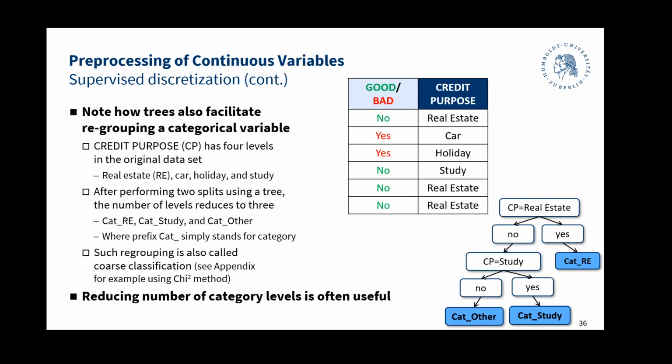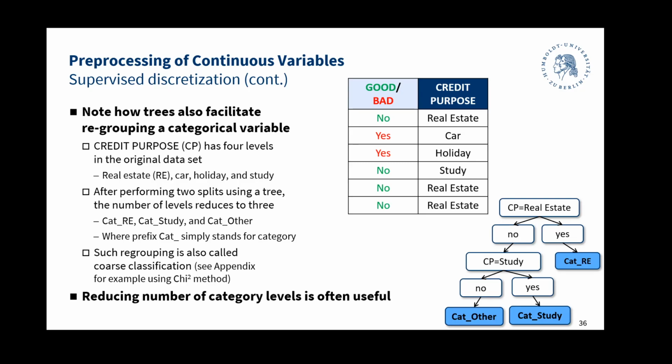All right. The same approach also works for regrouping. Once you discretize your data, or maybe you start from a category variable in the first place, check out this example. The variable is credit purpose with different levels. That's a nominal variable. Or it could be a variable that was originally numeric and has been discretized.